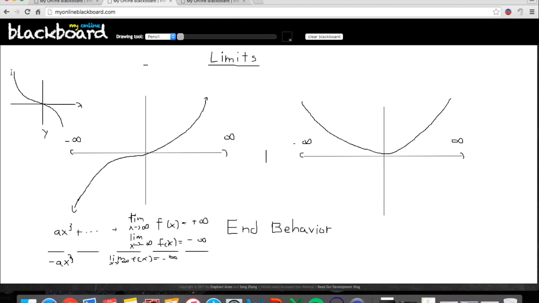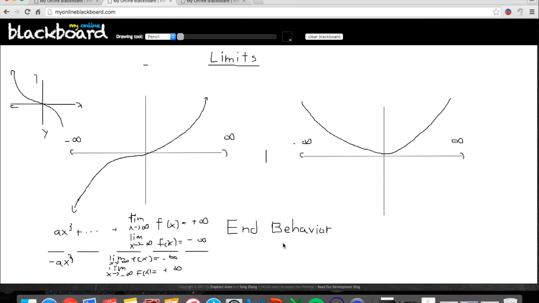And it's quite the opposite. As I go to negative infinity on the x-axis, I go to positive infinity on the y-axis. So here, I'm sorry if it's getting squeezed in, but hopefully my explanations will make it clear enough, the limit of f of x as x approaches negative infinity is equal to infinity, or positive infinity, I should say.